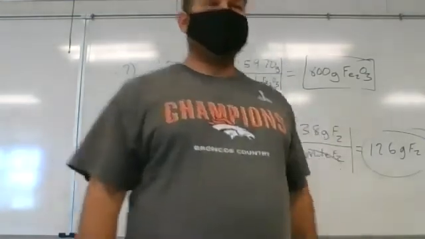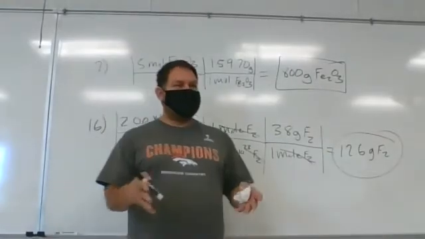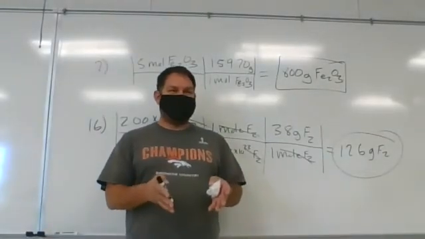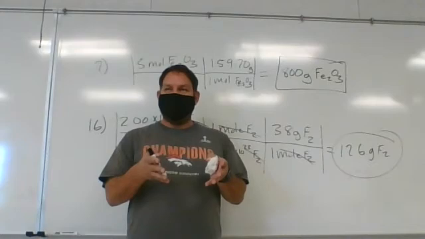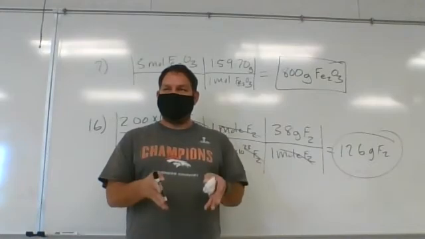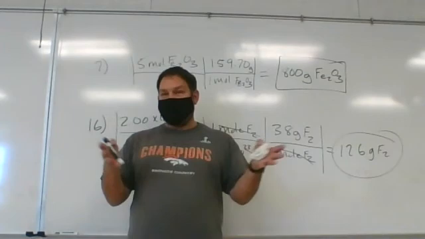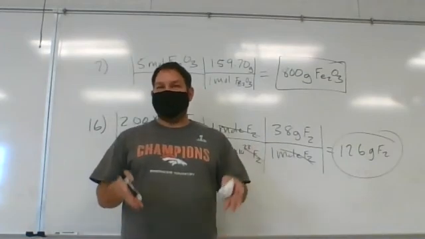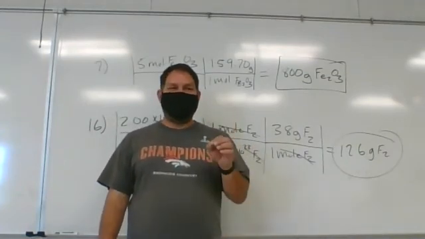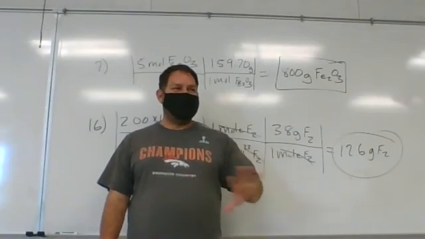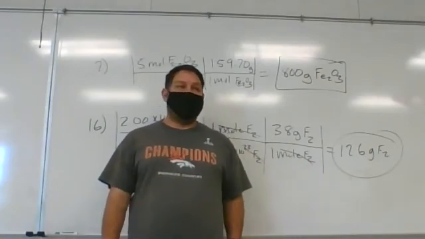Does that make sense? So when we refer to these diatomic elements, we're saying these are the natural forms of these elements in nature. This is how we're going to find them. You're not going to find O or F or Cl in nature. Now, you can find them in the ion form.